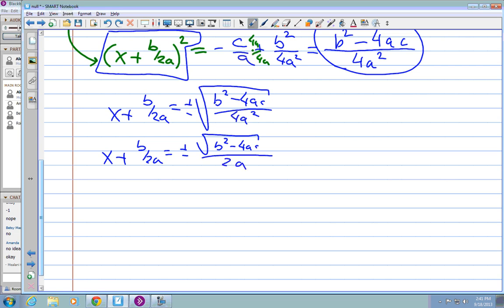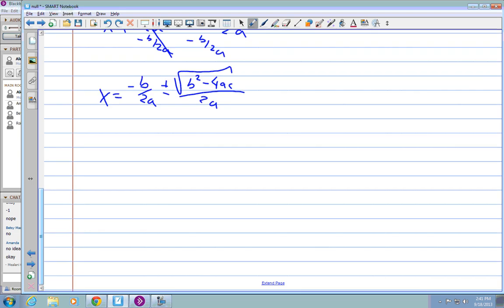Right, the square root of 4a squared is 2a. Now solve for x, so subtract b over 2a. So x equals negative b over 2a plus or minus the square root of b squared minus 4ac over 2a. So we're done, right? That's our formula.